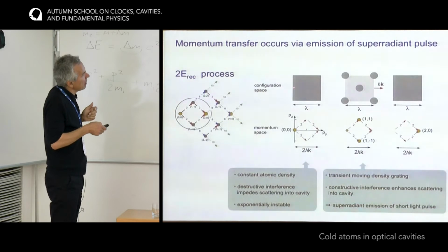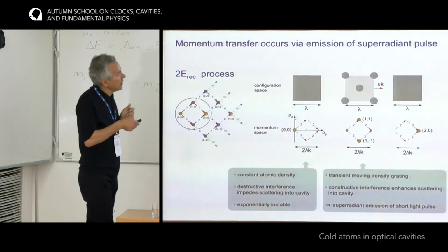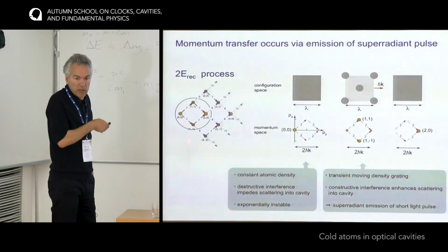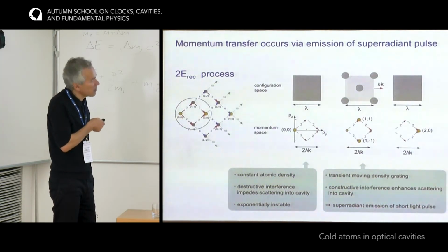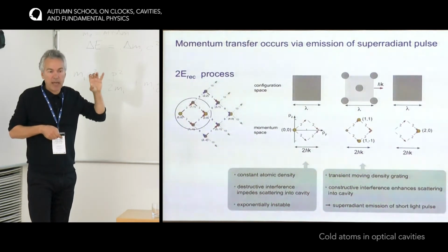So at some point there will be a little bit of scattering, and immediately if you scatter a few photons, then you get a little bit of a standing wave in your cavity that interferes with a strong incoupling pump beam, and that leads to a two-dimensional grating of light.